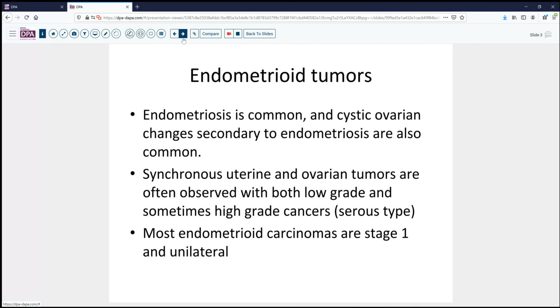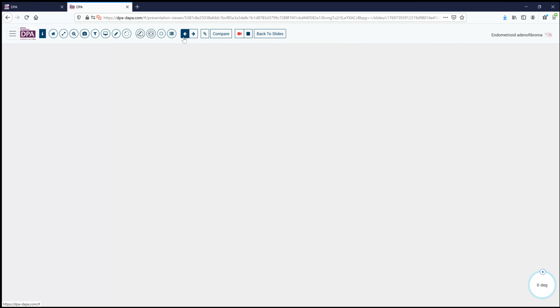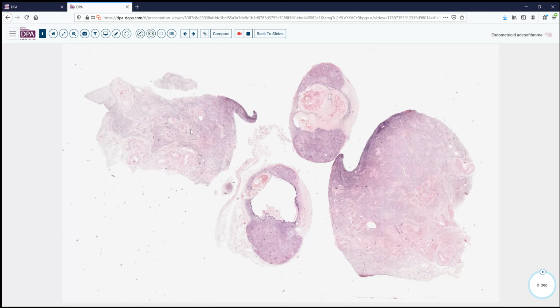But by and large, most endometrioid tumors are stage 1, confined to the ovary. But when we start talking about synchronous primaries, or possibly metastasis from a uterine primary to the ovary, we need to start thinking about some of those complex questions, and we've covered some of that in prior videos. So let's take a look at an example of the low end of the spectrum.